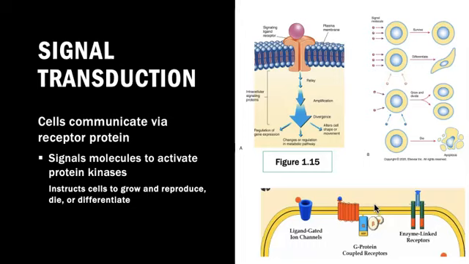Now, if a cell is not really getting these signals, a lot of these cells will undergo cell suicide, known as apoptosis or programmed cell death. And so what we're seeing over here is a signaling process where the ligand is attaching to the receptor, and then we are going to have that cascade take place and amplify and distribute it in its transit.